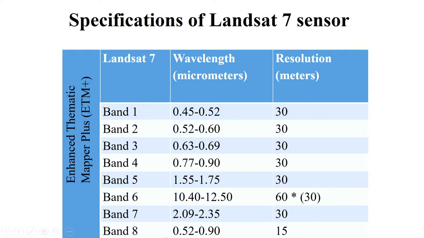And band number 8 is the panchromatic band, providing a high spatial resolution of 15 meter. For band number 6, the resolution was higher in comparison to Landsat 4 and 5. This is 60 meter, resampled to 30 meter, and again the range is 10.4 micrometer to 12.5 micrometer.